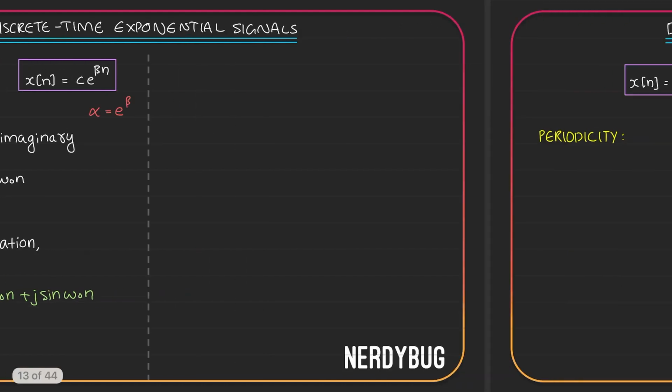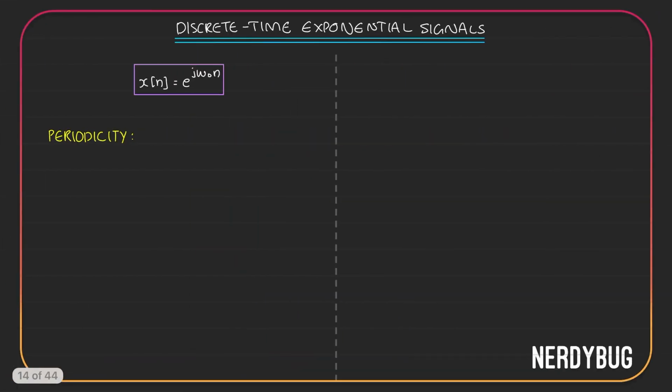Just like we did before, let's try to find the periodicity of this function. Let's say it is periodic with capital N. In that case, e raised to j omega naught (n plus N) should be equal to e raised to j omega naught n. It should start repeating after capital N. But this is e raised to j omega naught n multiplied by e raised to j omega naught N, and this should be equal to e raised to j omega naught n.